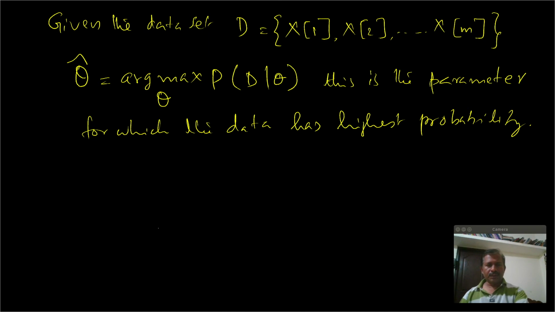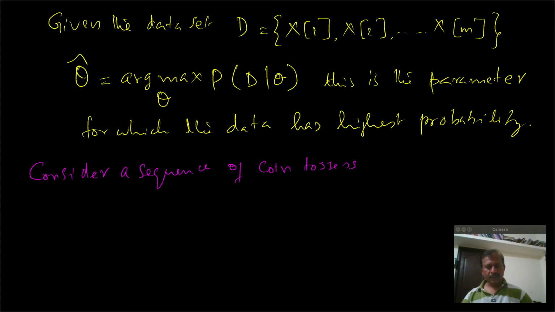So let us generate. Consider a sequence of coin tosses, right? So let me just take it as a head, a tail, a tail, and heads.